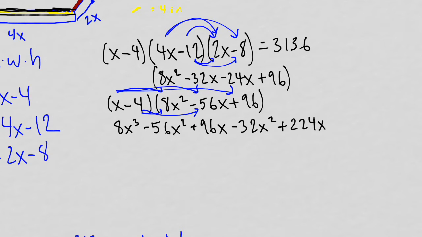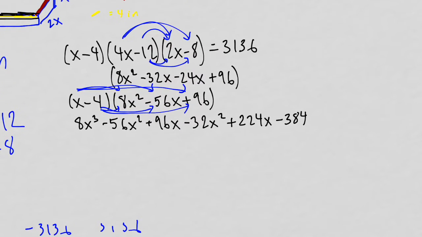And finally, negative 4 times positive 96. That's going to be a negative. Negative 4 times 96, let's see, that's going to be negative 384. Okay. Equals, let's not forget, 3136. Alright, let's simplify the left side by combining all the like terms that we see.